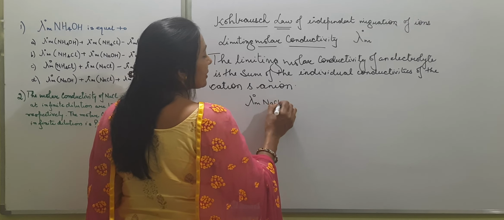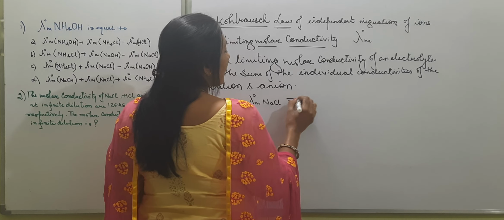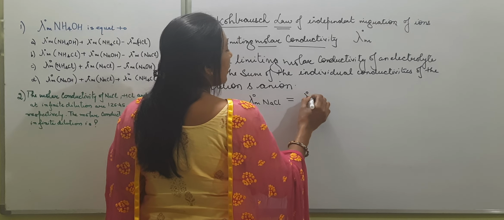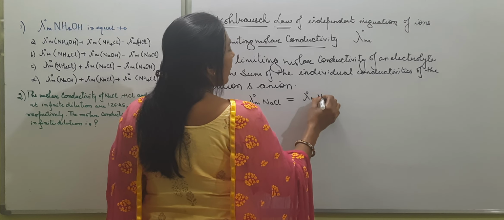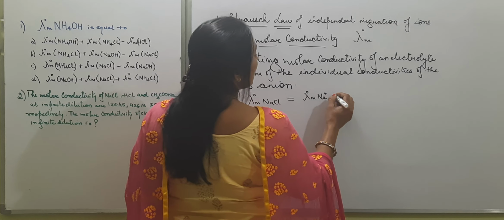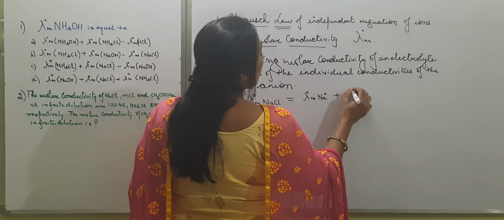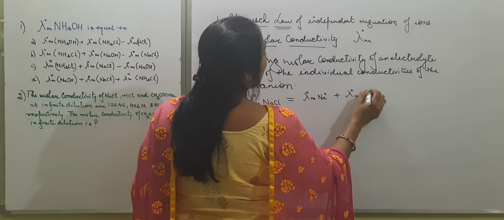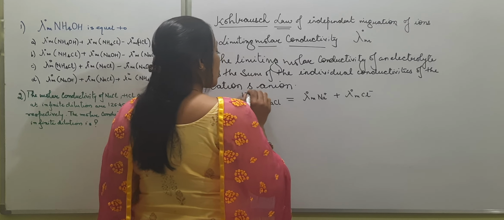NaCl is our electrolyte. So what is that? The limiting molar conductivity of sodium ion, which has a positive sign on it, plus limiting molar conductivity of Cl minus. So this is the Kohlrausch law.